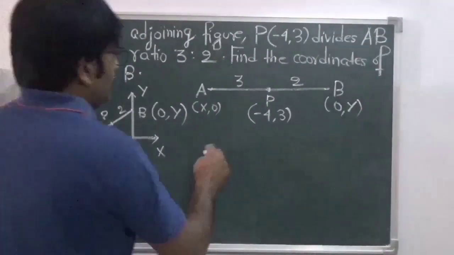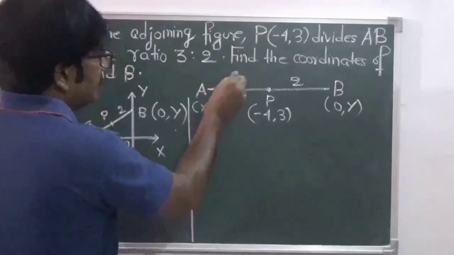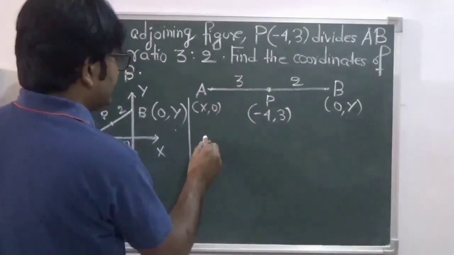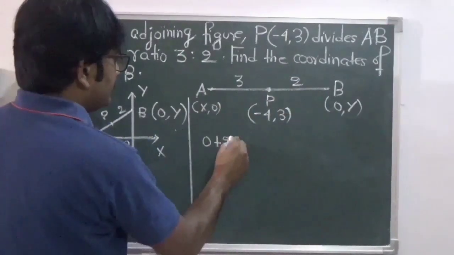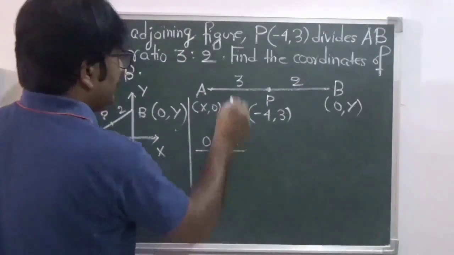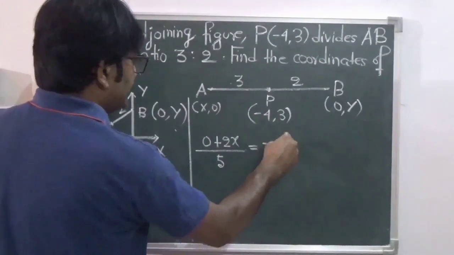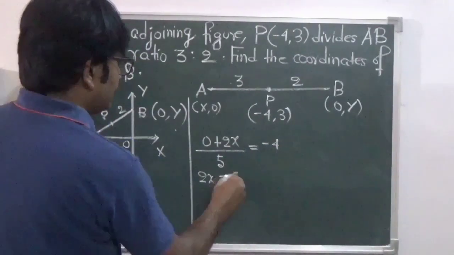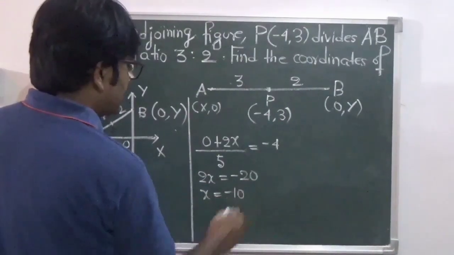So by using the section formula, we have (3 into 0, that is 0, plus 2 into x), that is 2x, by 3 plus 2, that is 5, equals minus 4. So you have 2x equals minus 20, or x equals minus 10.